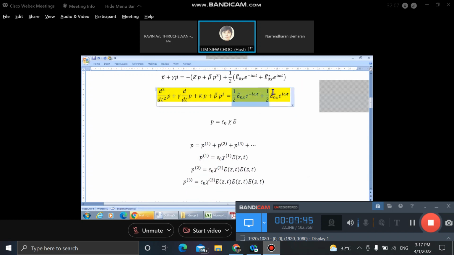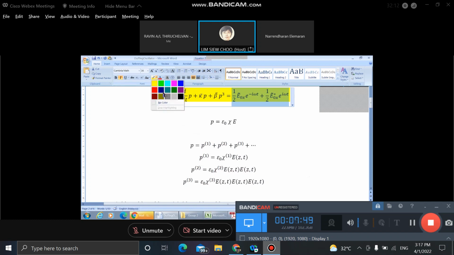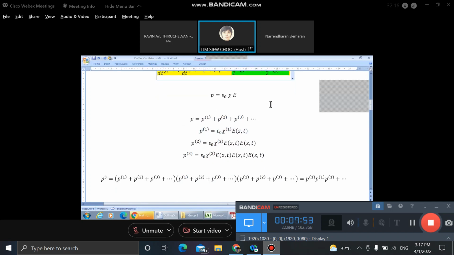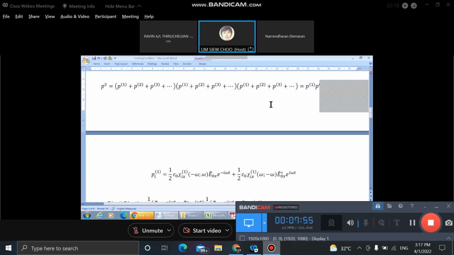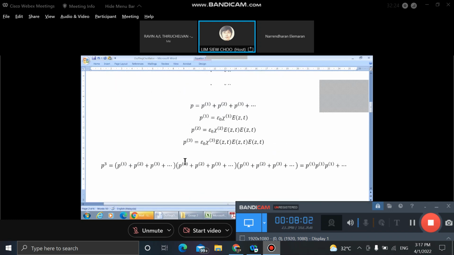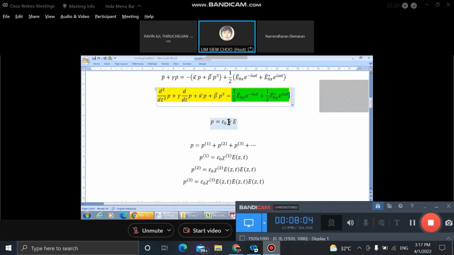Here I highlight in some other color, green. So the green here, P1 equals epsilon naught chi E. When you substitute, this one is the simple chi1. This is a general formula, it is okay.